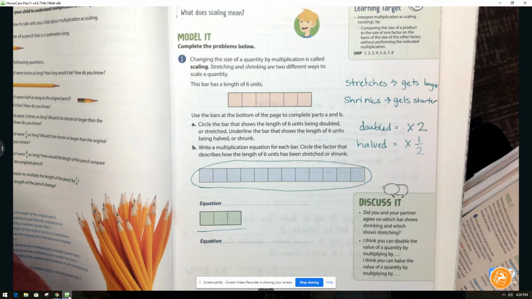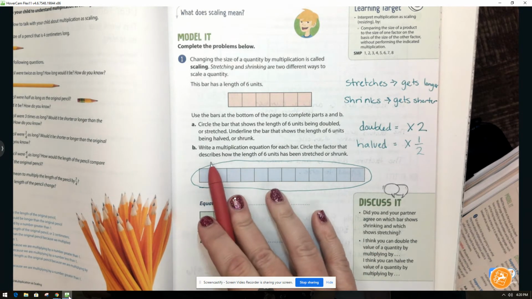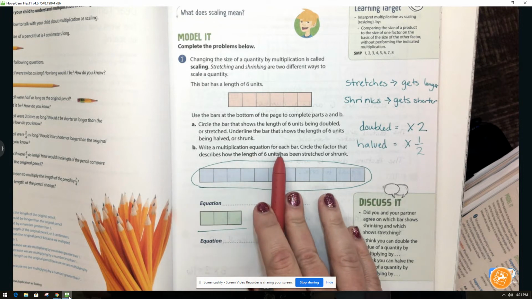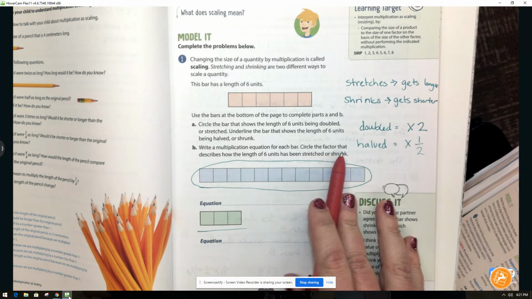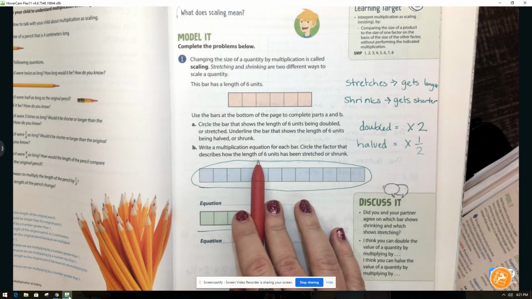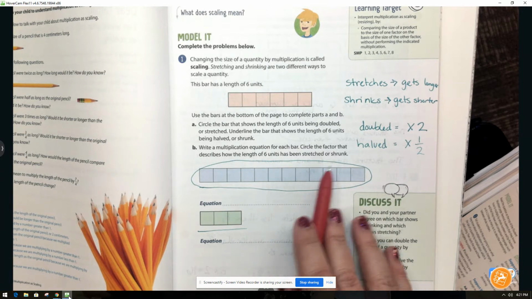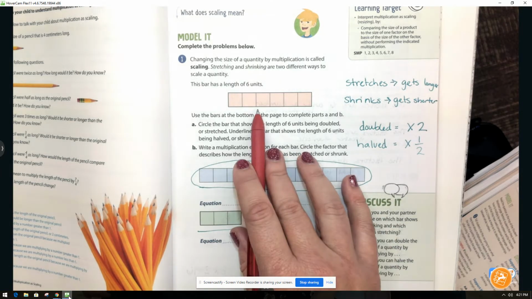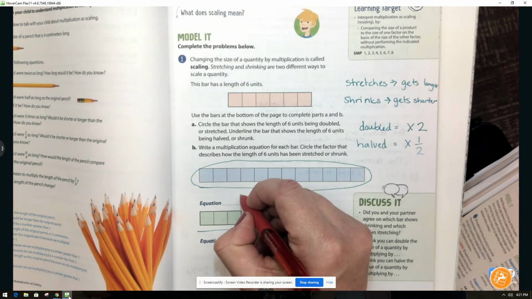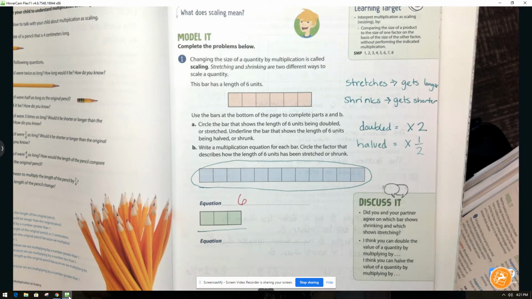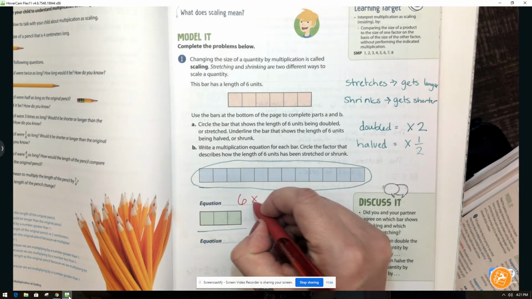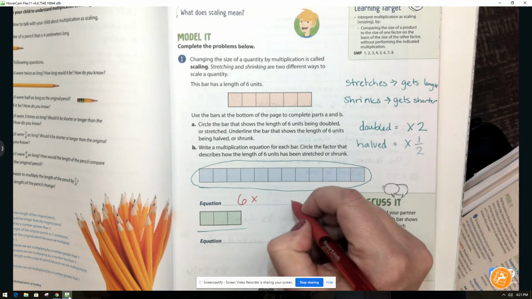Now, part B goes on, and part B says, write a multiplication equation for each bar. Circle the factor that describes how the length of 6 units is being stretched or shrunk. So here, we start with a base of 6 units. Then, what are we going to multiply 6 by to get 12?